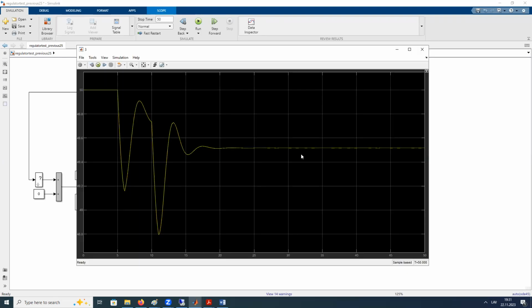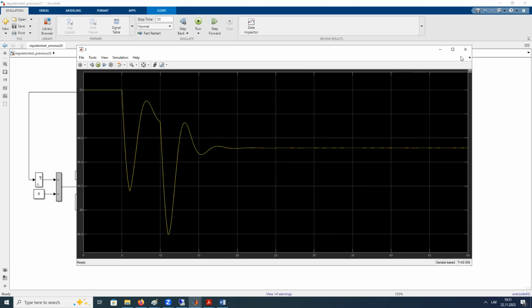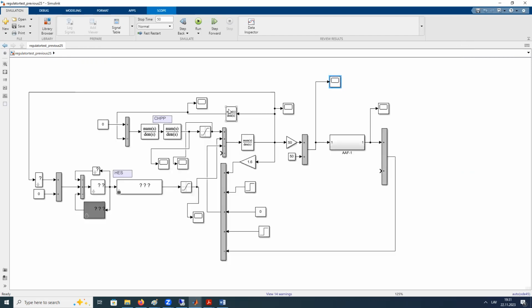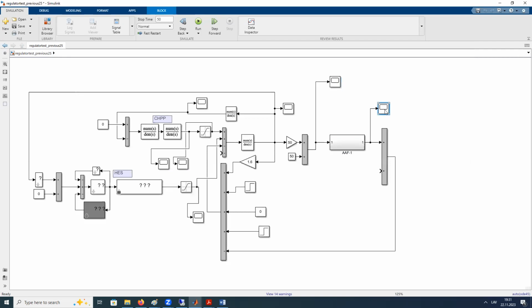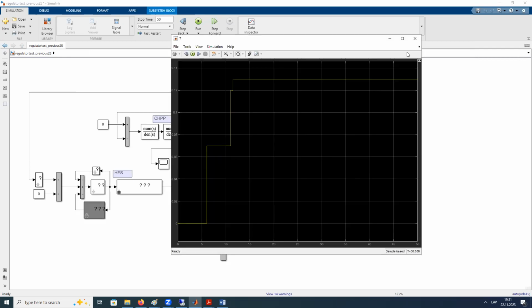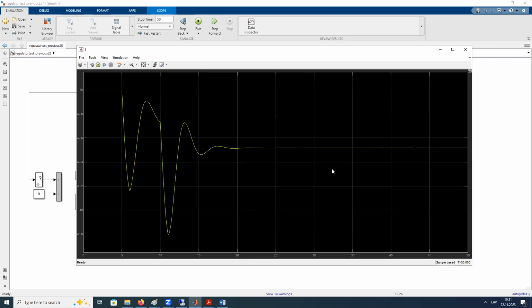Here we could see we have stabilized the frequency. Why? Because we have this response from the generator, additional power, and the load disconnection, and the frequency is stabilized at a lower value than 50 hertz.